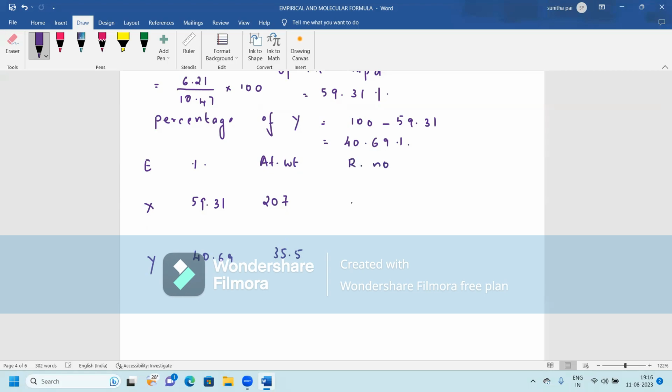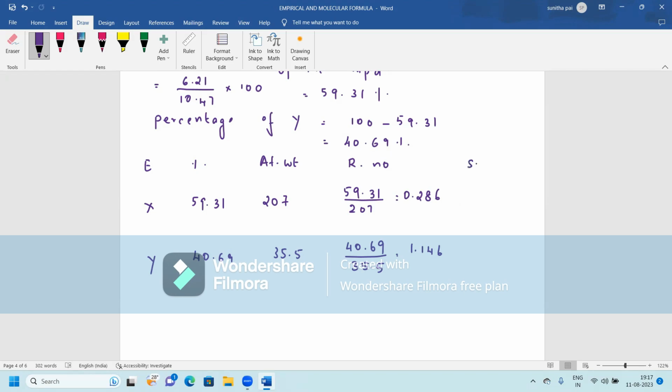Relative number: 59.31 divided by 207, 40.69 divided by 35.5. On solving, the first one is 0.286 and the second one is 1.146.